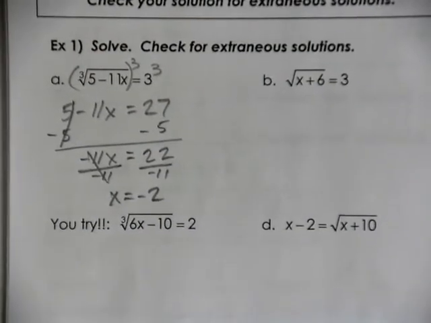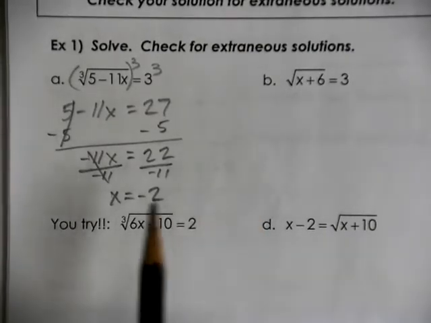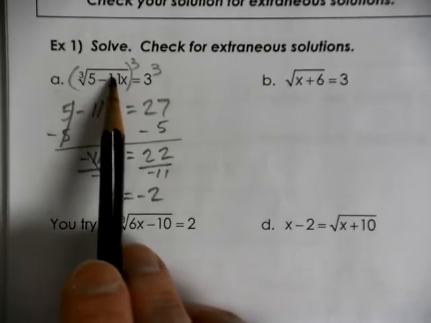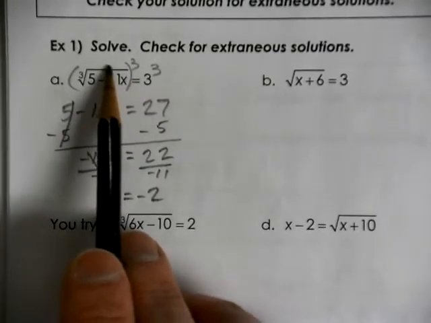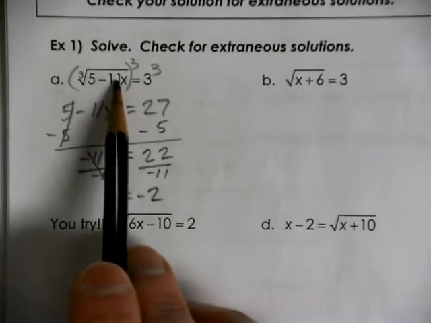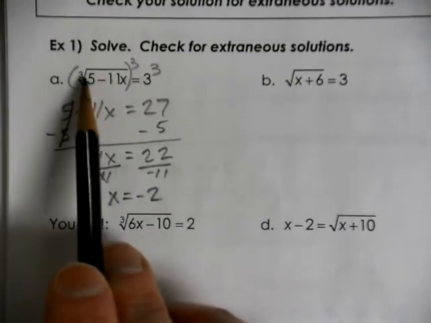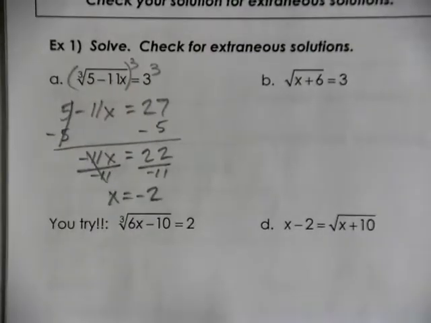And we see we get the answer of -2. When you plug -2 in, -11 times -2 would give you a positive 22, plus the 5, 27. Cube root is 3. So you can check your work by plugging your number back in.